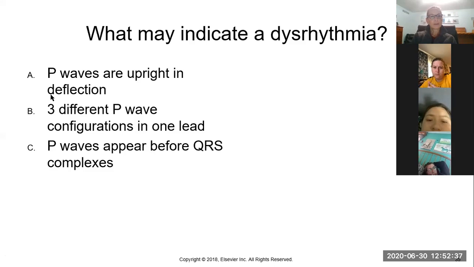P waves should be in an upright position, right? They should be that nice little small hill, okay? I think we said that 3 different P wave configurations in one lead does indicate a dysrhythmia. So that would be the answer. And we are always hoping that that P wave is before the QRS, right? So it's 3 different P wave configurations.